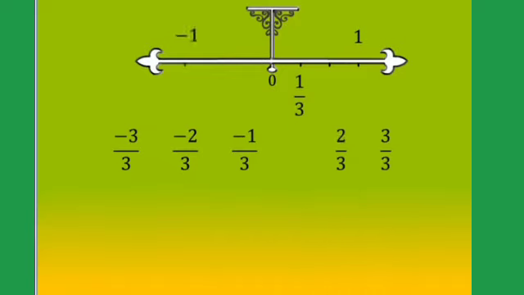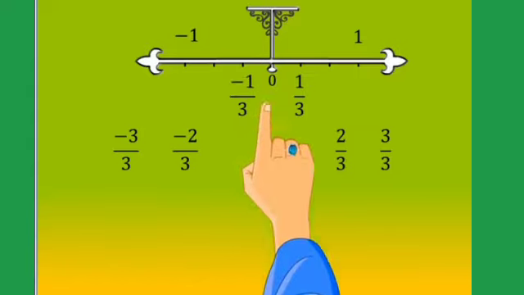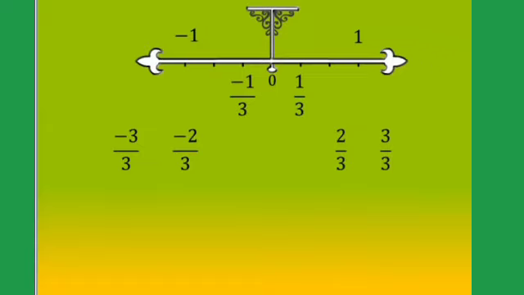Just as the distance of 1 and minus 1 is the same from 0, the distance of 1 divided by 3 and minus 1 divided by 3 will also be the same from 0. So, we divide the distance from 0 to minus 1 in 3 equal parts. The first mark from 0 represents the rational number minus 1 divided by 3. Now, 2 divided by 3 is 2/3 of the distance from 0 to 1.